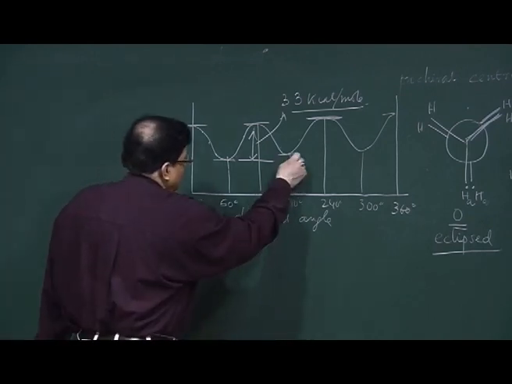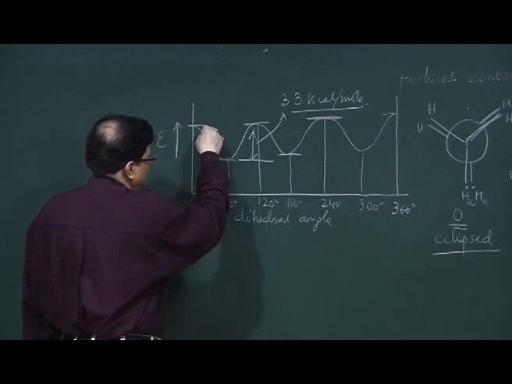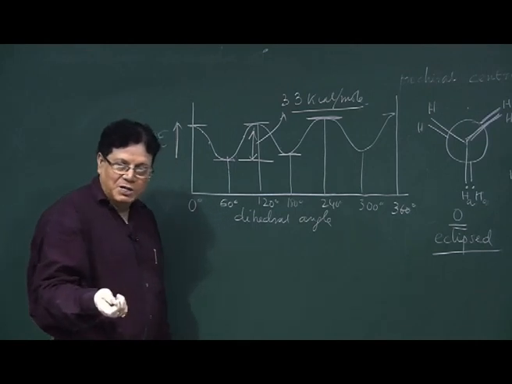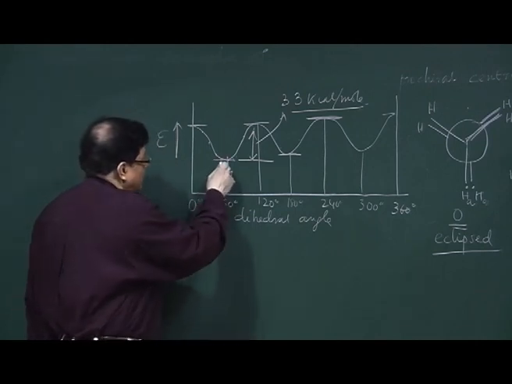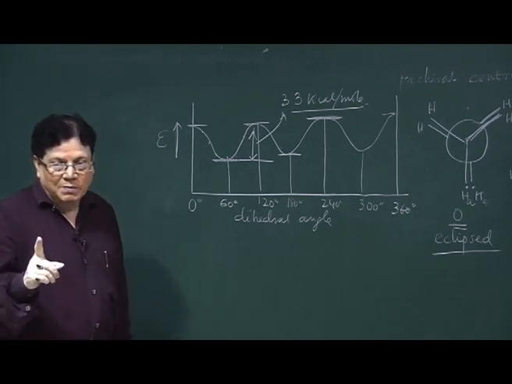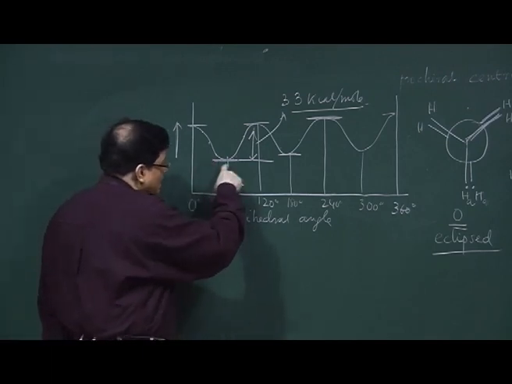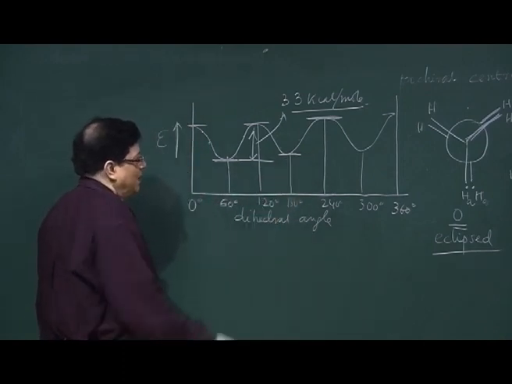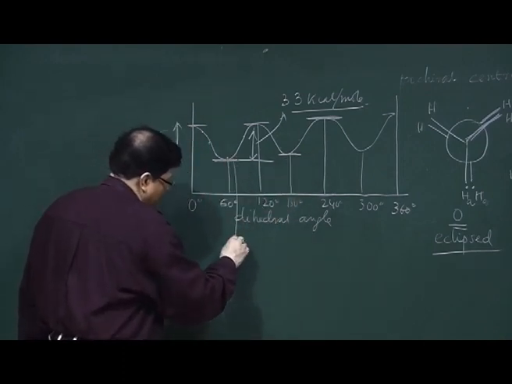But here we also introduce, again I repeat, every point in this graph represents a conformation. However, the conformations which lie in the minima in the energy profile diagram, that is called conformer.